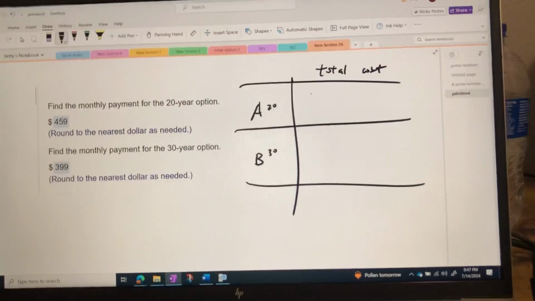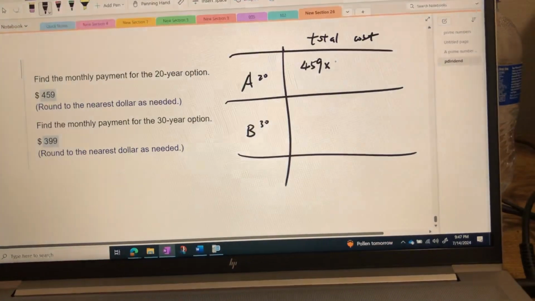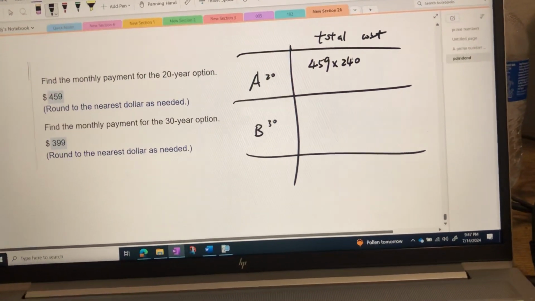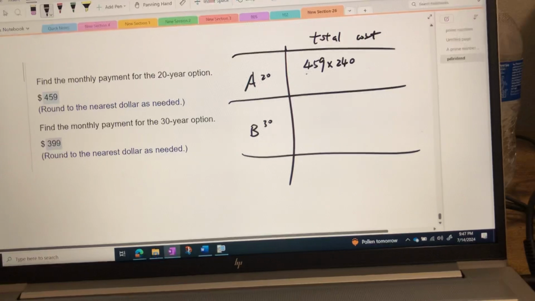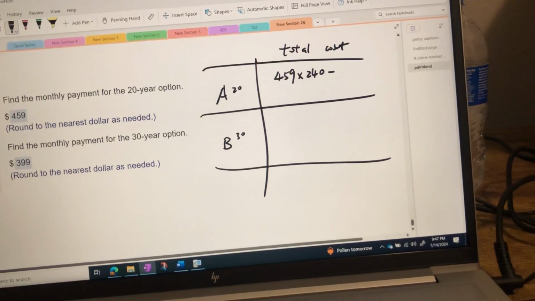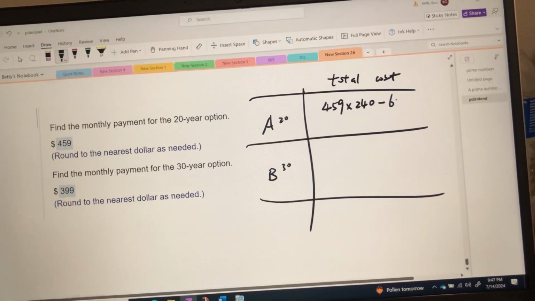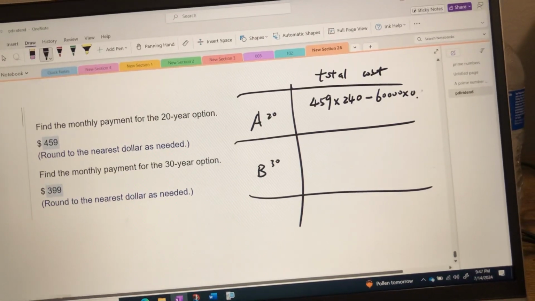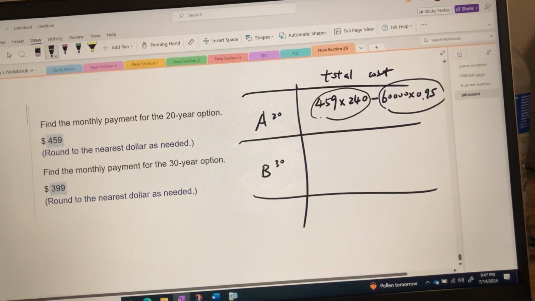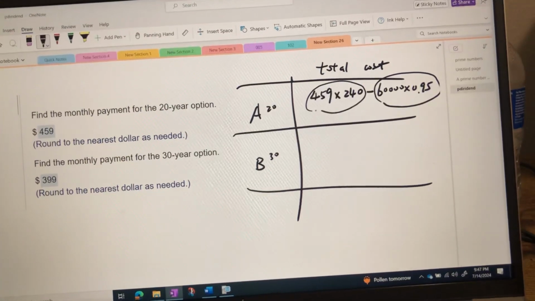You pay $459 every month for 20 years, so that is 240 payments, 12 times 20. That's how much you pay, but you do not borrow this much. The cabin is 60 grand times 0.95, so this is the money you borrow, and the other is the money you pay back. The difference would be the interest, right?